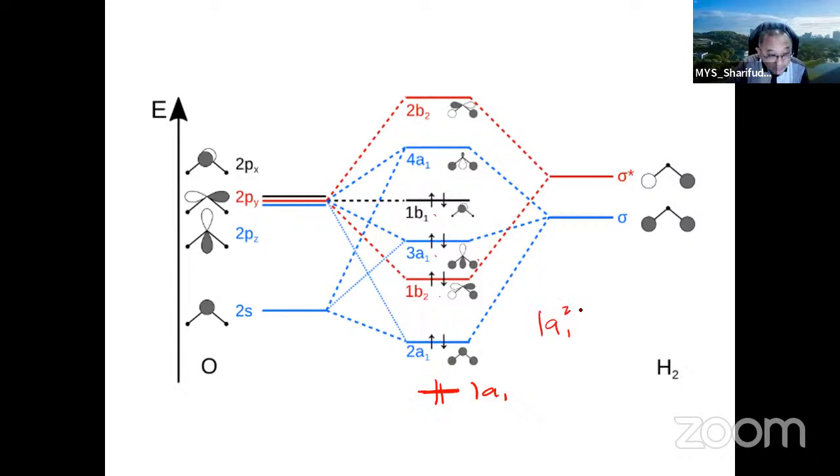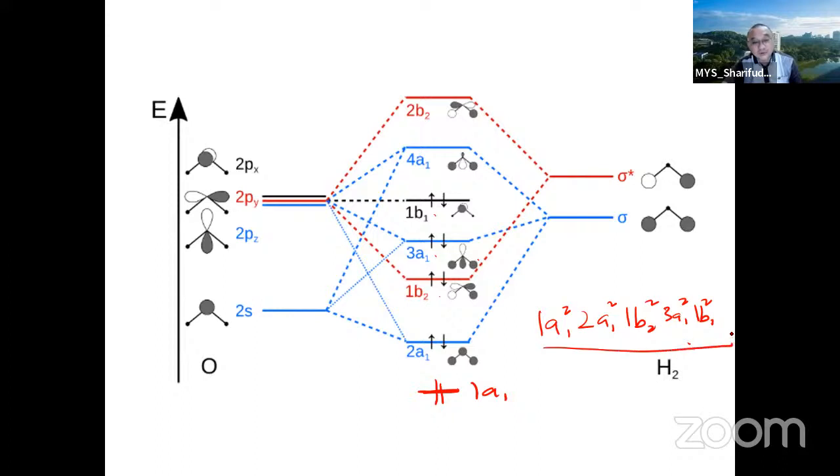1A1 squared, 2A1 squared, 1B2 squared, 3A1 squared, 1B1 squared, and finally, that's it. 10 electrons.